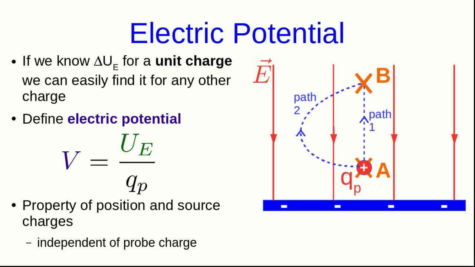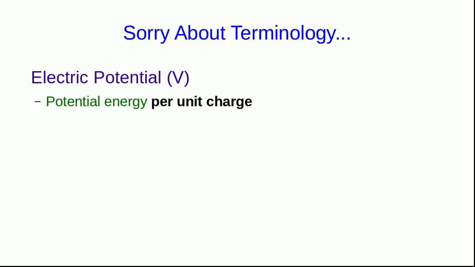It's independent of the probe charge in exactly the same way that we saw that electric field is independent of the probe charge. I have to stop for a moment and apologize on behalf of physicists who came before me. This new quantity we've met, V, the electric potential, is potential energy per unit charge.